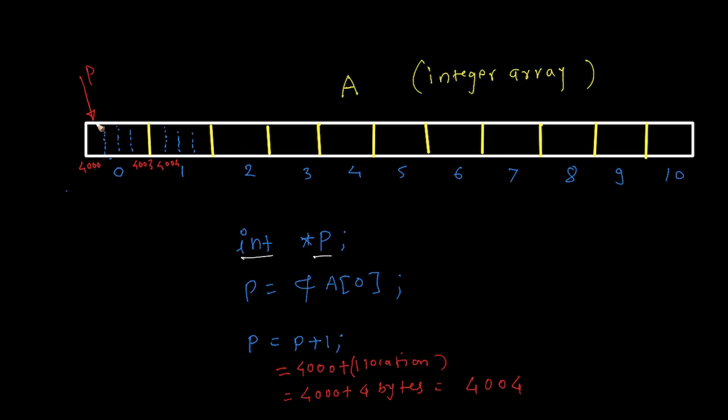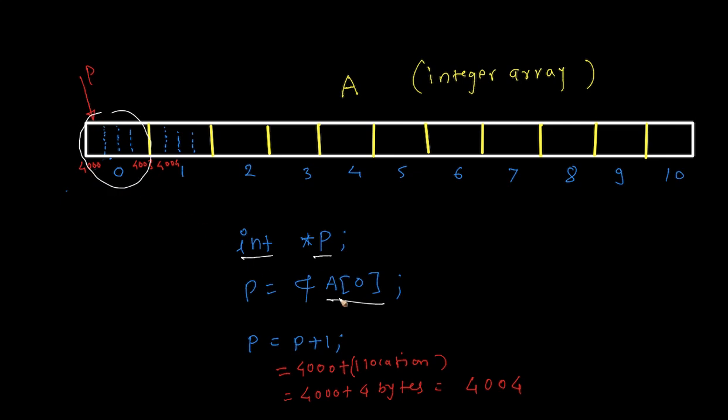Let's say we want to store the address of a0. This first location is called the 0th location, and I can access it by saying a of 0. If I want to access it from outside, the name is a of 0. A of 0 is nothing but this first location, right?